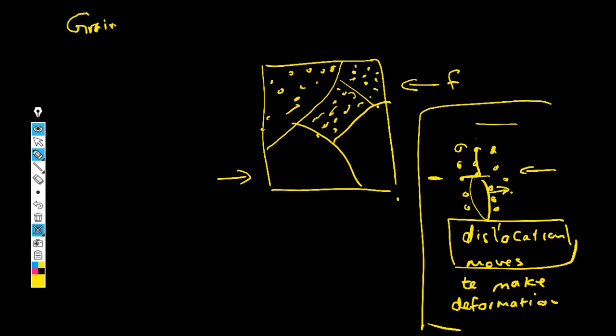Let me come to the grains and the dislocation. What's the relation between them?